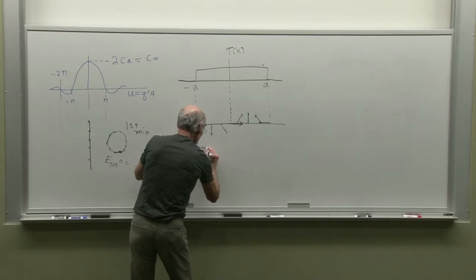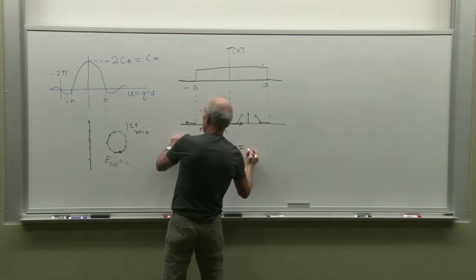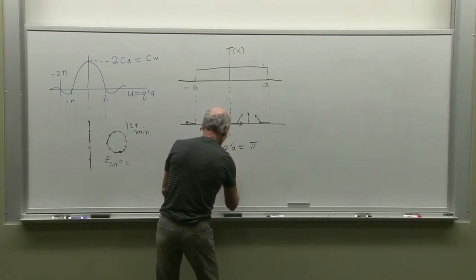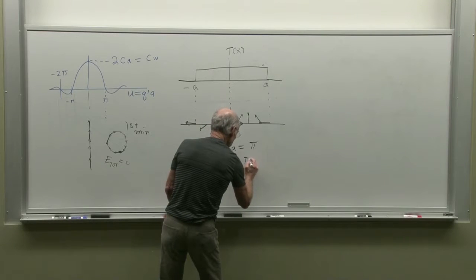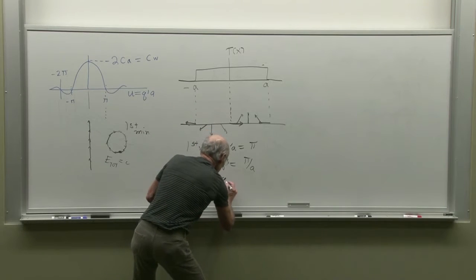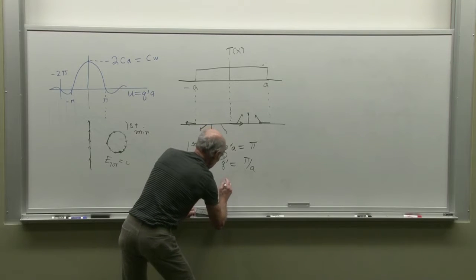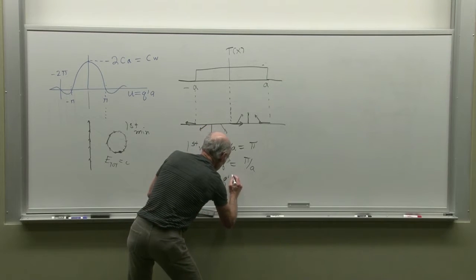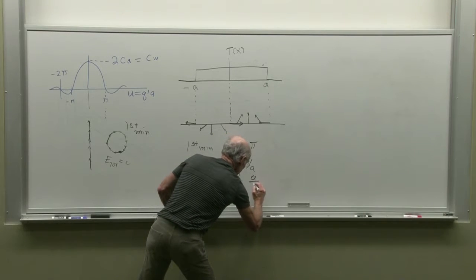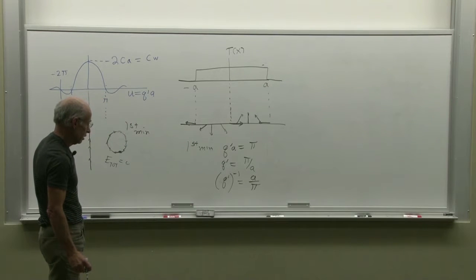I'm at the first minimum, Q prime A equals pi, Q prime equals pi over A. The length scale, Q prime to the minus 1, is A over pi, right?